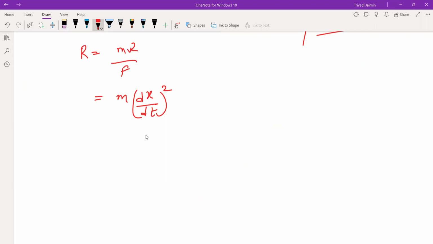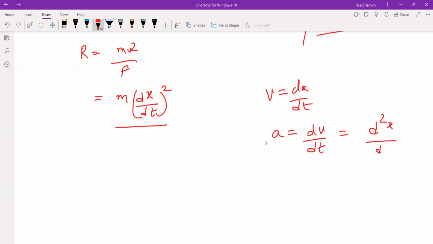It is square. v equals dx by dt. a equals, I can write as dv by dt. That means d square x, second order differentiation, d square x by dt square into m, that will be F.